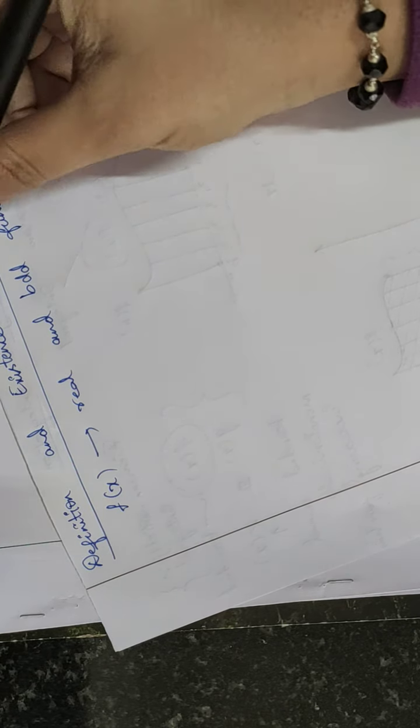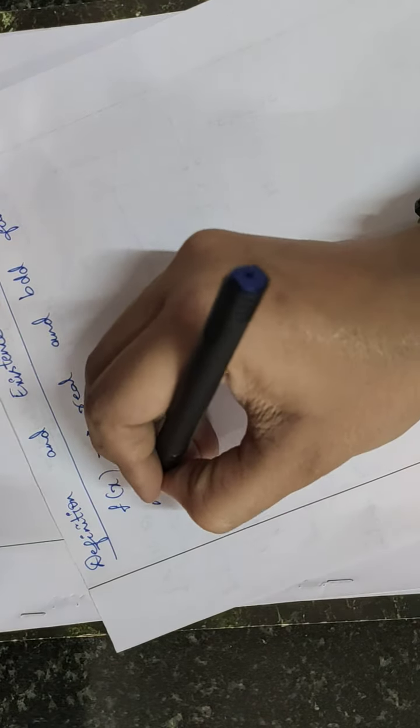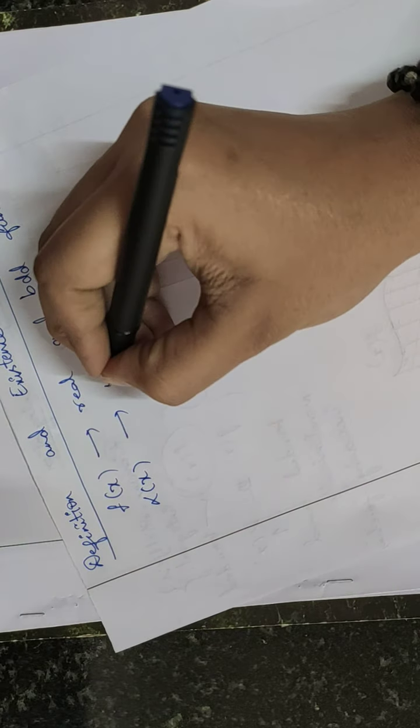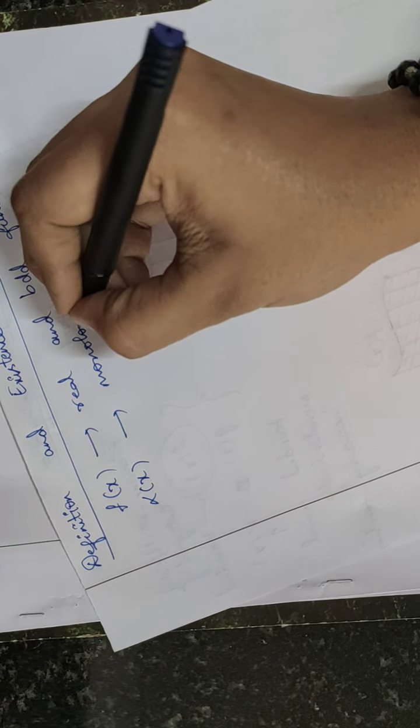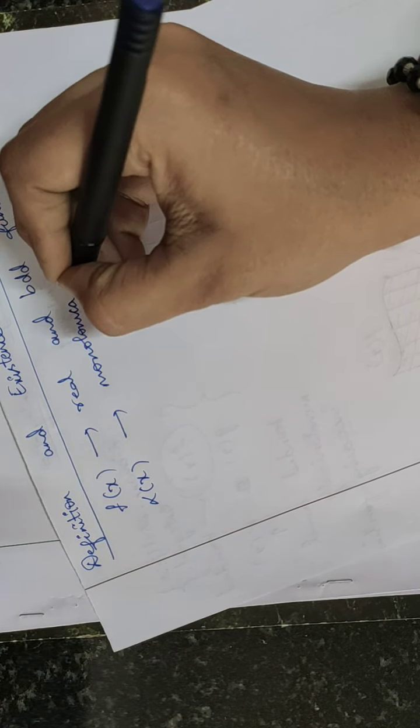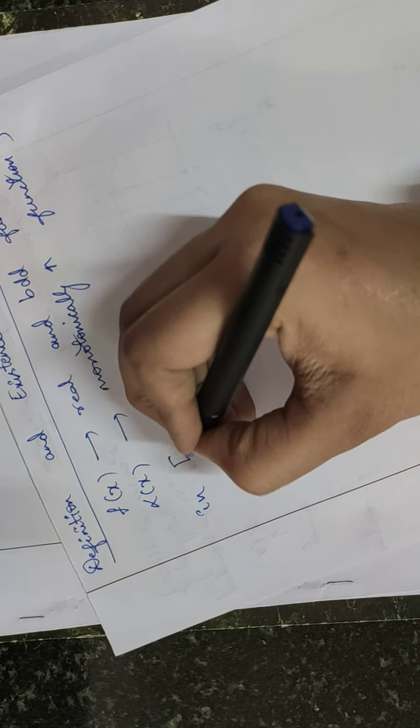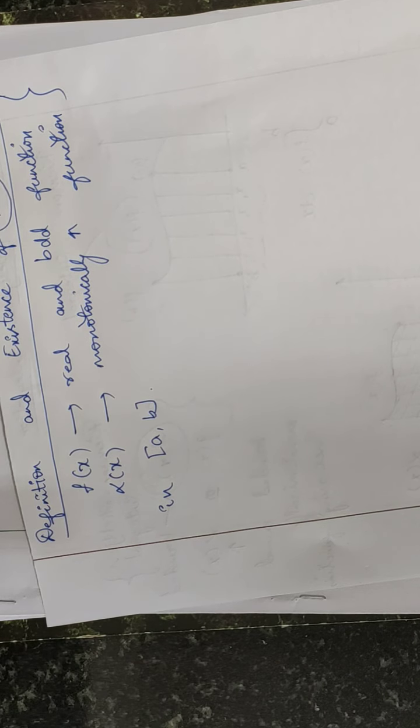Along with this, in the case of Riemann-Stieltjes, we will be having your alpha of x. Alpha of x is nothing but monotonically increasing function, and these two will be in the closed interval a comma b.